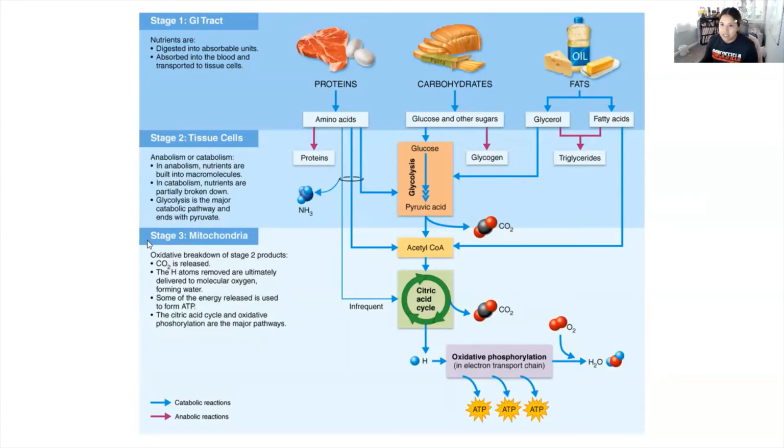Now, the second stage of metabolism is what happens at the tissue level. So we're either going to do anabolism or catabolism.